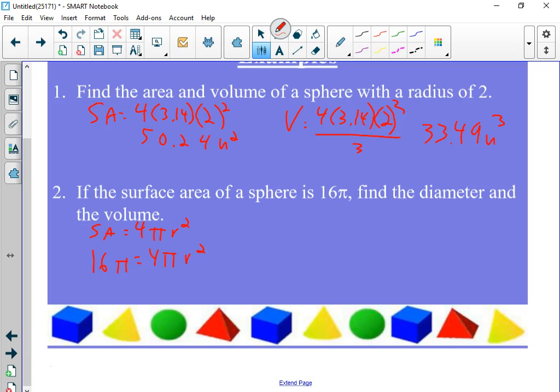That will help us find our diameter. So we need to get r by itself. So we're going to divide by 4 pi, both sides. Well, that cancels there. And 16 divided by 4 is 4, equals r squared. So now, to find r, we square root both sides, and r is 2, which means the diameter is 4, because the diameter is twice the radius.